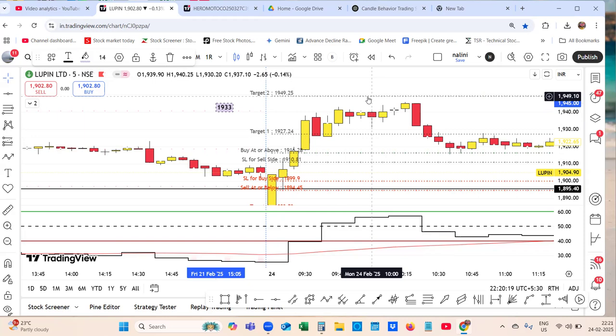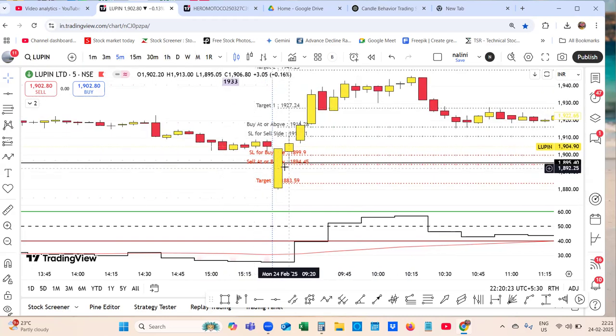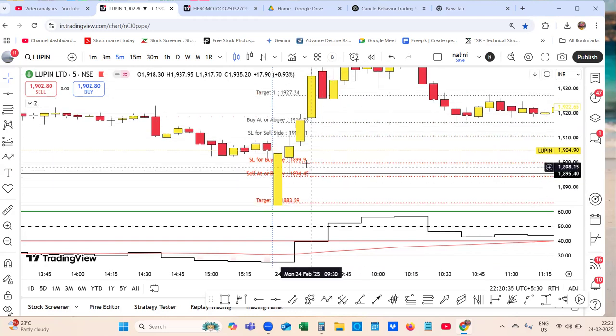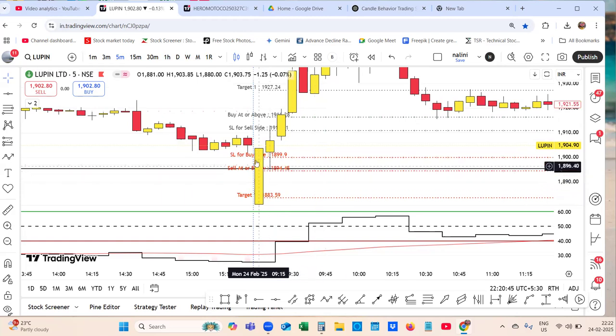That is the idea. And the Gann angle is also plotting here on an intraday basis. You can see clearly, buy above 1915. That means sell below. When the price has climbed above this level, from the sell below level, target 1883, it is making a higher high.